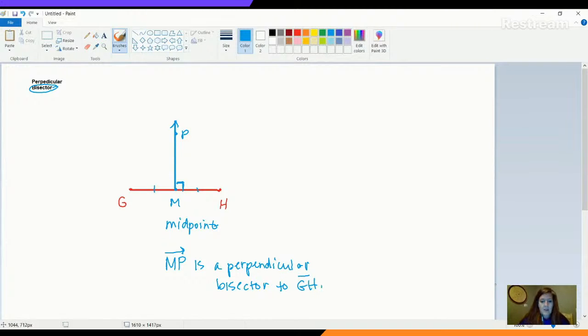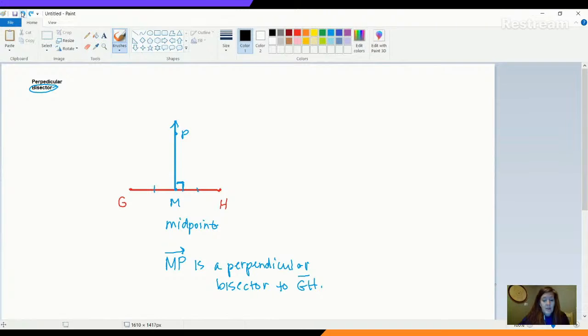So that's how we would use that. Ray MP is a perpendicular bisector to GH. And so now you know what that means. If something is a perpendicular bisector, there's two things we've got going on. It's perpendicular, meaning 90 degrees, and it bisects, meaning that it makes two equal segments by the midpoint.